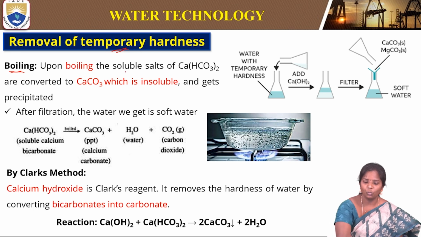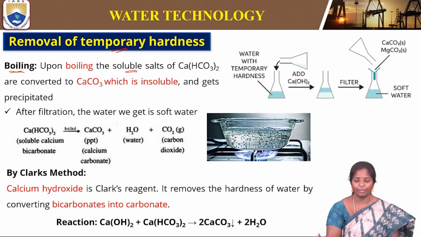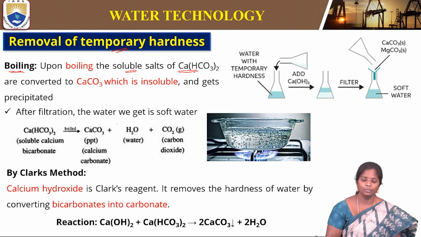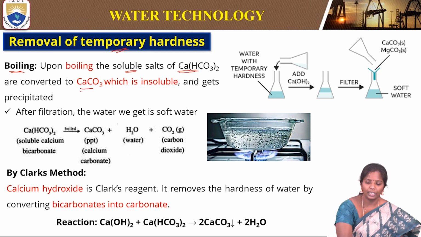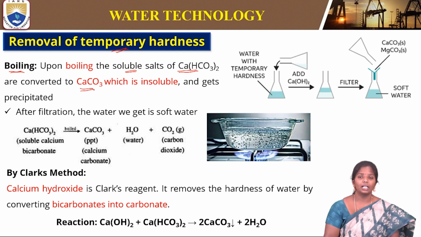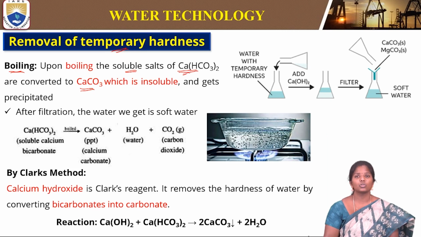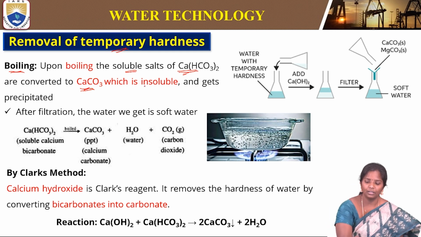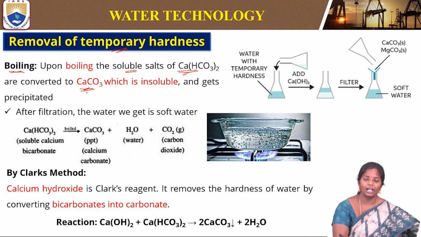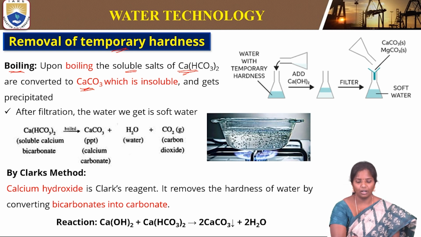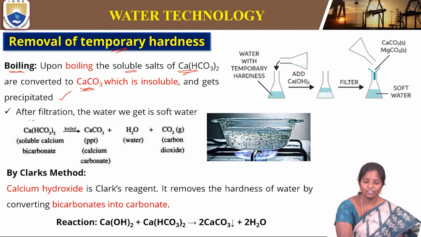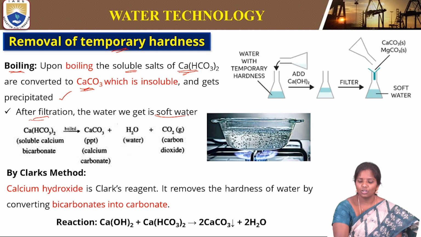Upon boiling, what happens? The soluble bicarbonates of calcium are converted to calcium carbonate, which is insoluble. So the soluble calcium bicarbonate is converted to insoluble carbonate, which can be removed through filtering or gets precipitated. After filtration, what we get is soft water.